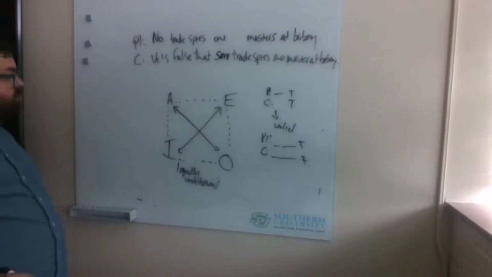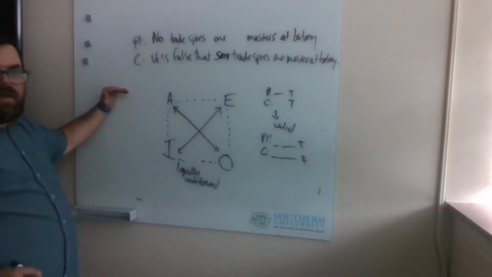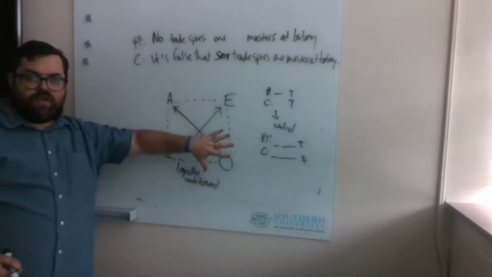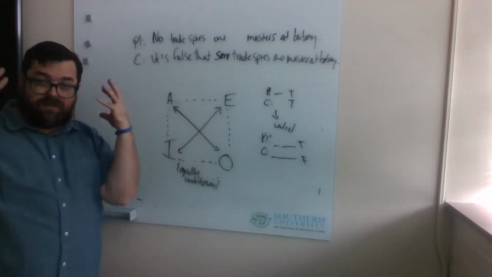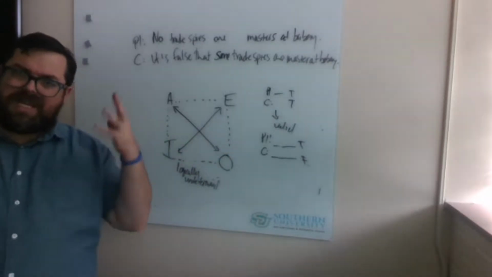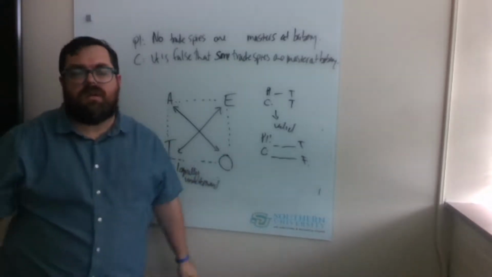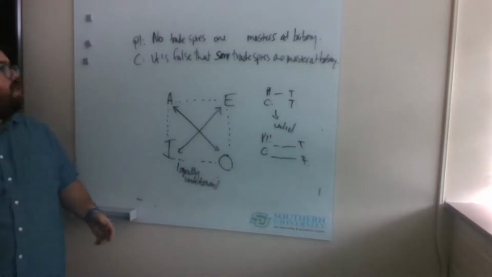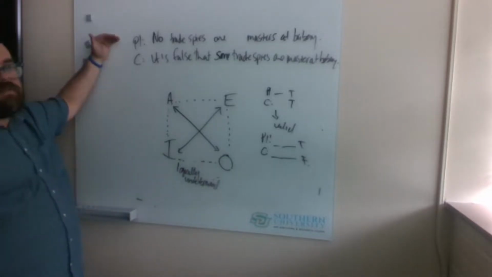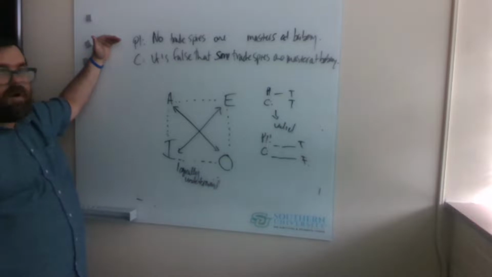Now remember, in order to use this chart, the modern square of opposition, to its fullest extent, we need to be in a contradictory relationship between one and the other, right? So we need to ask ourselves, is the premise A, E, I, or O? Pause to consider.